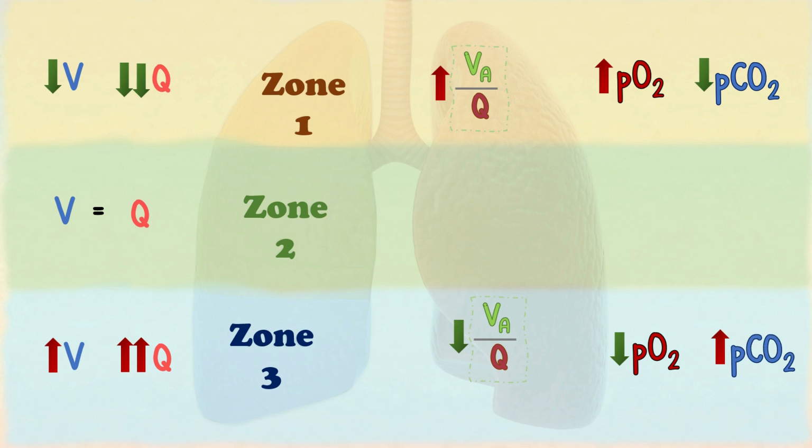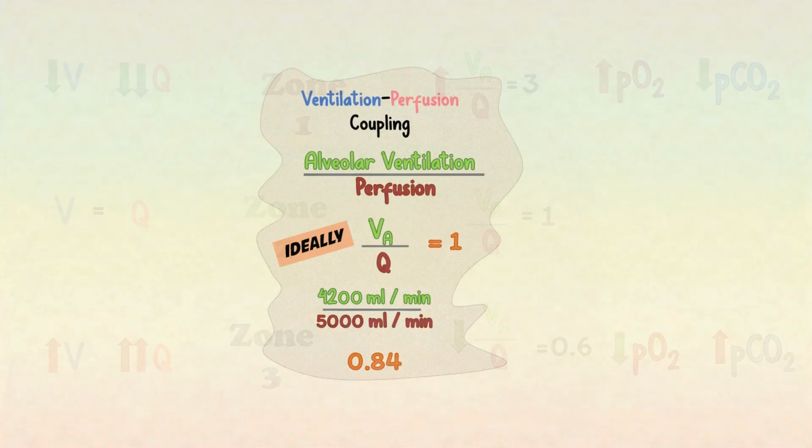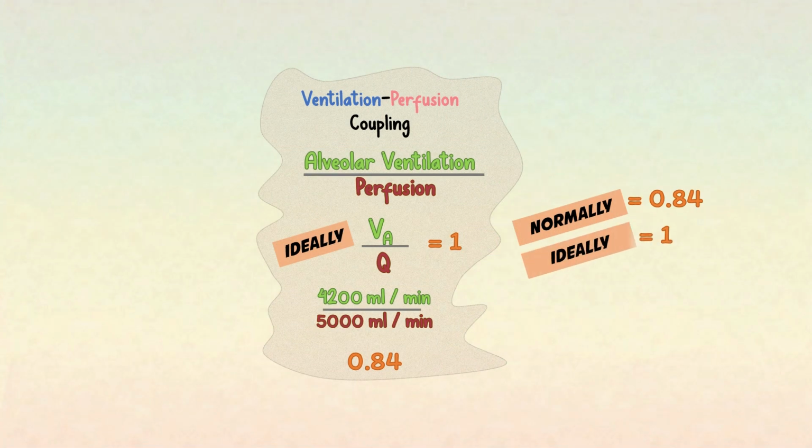V/Q ratio, being highest in Zone 1, is 3. Ventilation and perfusion are equal in Zone 2, so V/Q ratio is 1. And it has the least value in Zone 3, that is 0.6. Normally, V/Q ratio is 0.84, while the ideal scenario is 1.